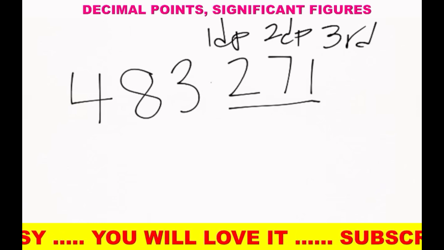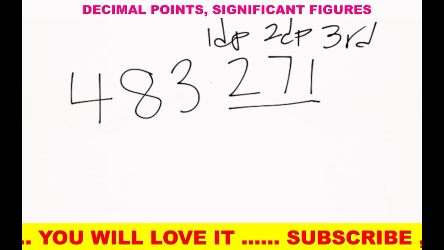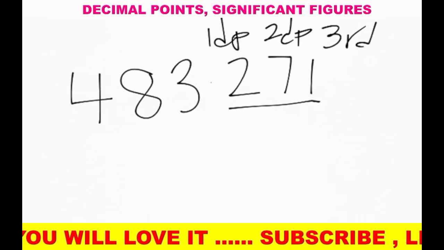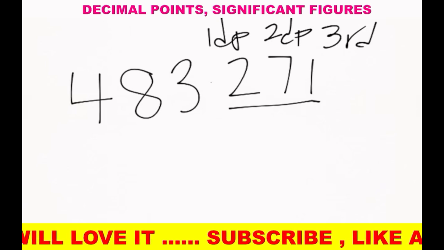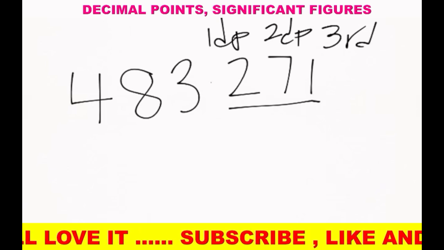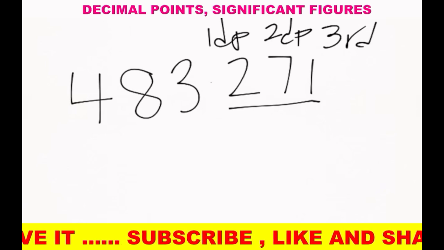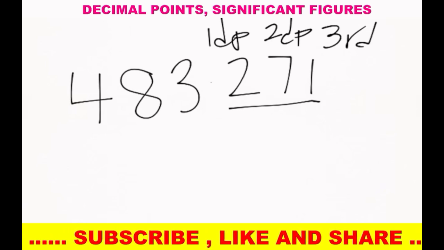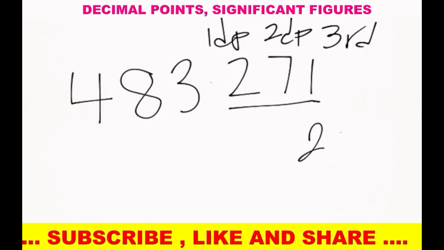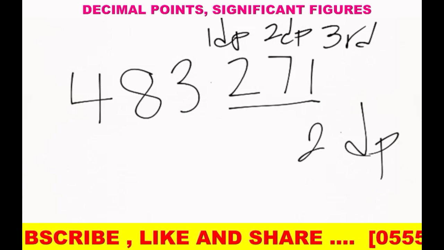All right, so let's look at our solution for the question in the previous video. We were supposed to correct 483.271 to 2 decimal places.